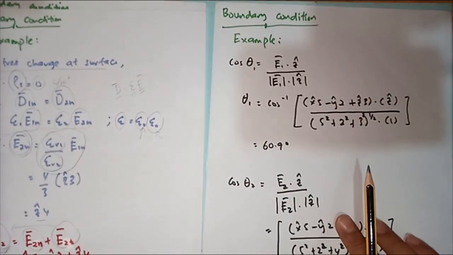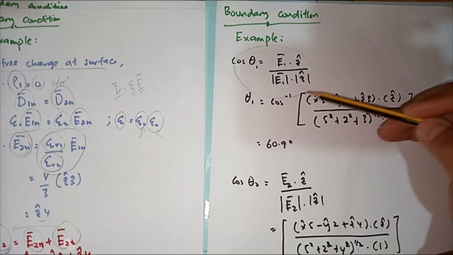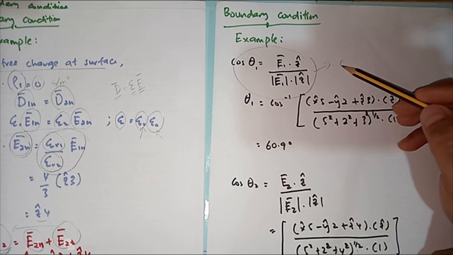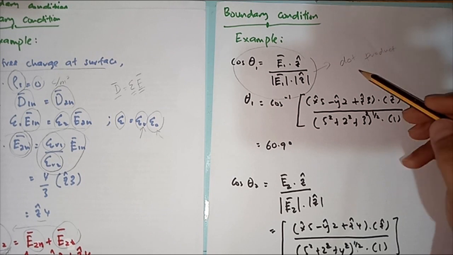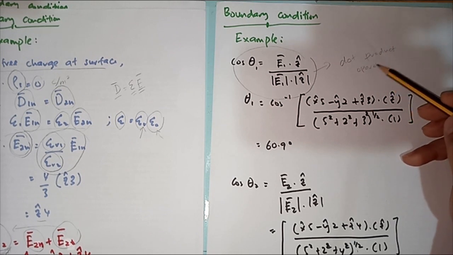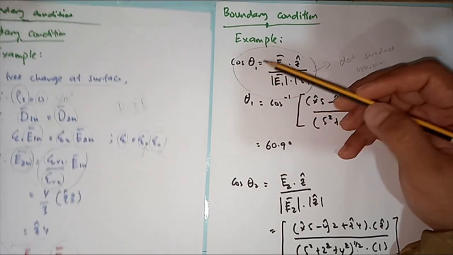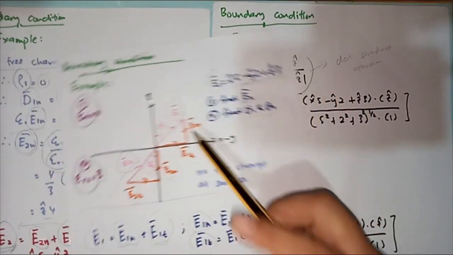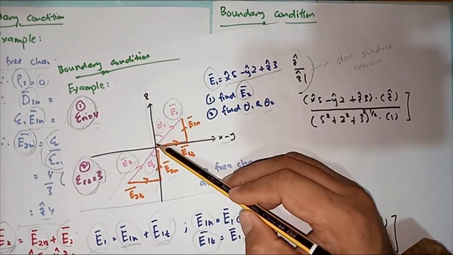Alright, in order to find the angle, we can apply this concept, which comes from a dot product operation. So we have cos theta 1, the angle that exists between the vector of E1 and the z-axis.